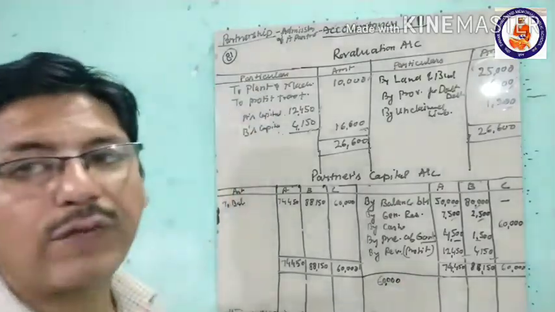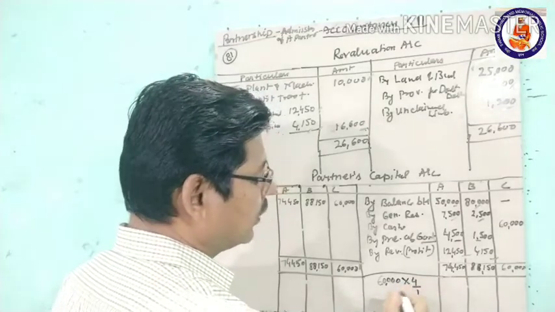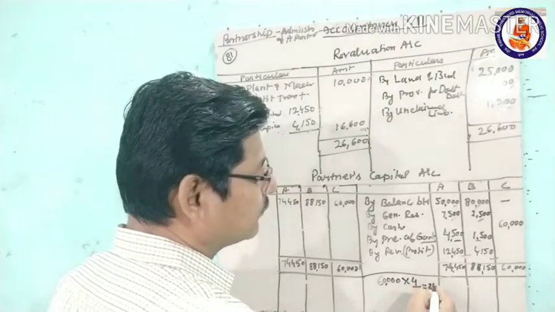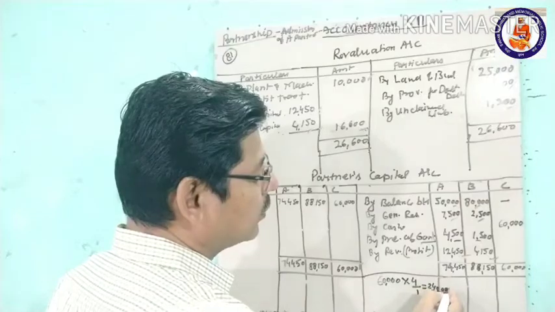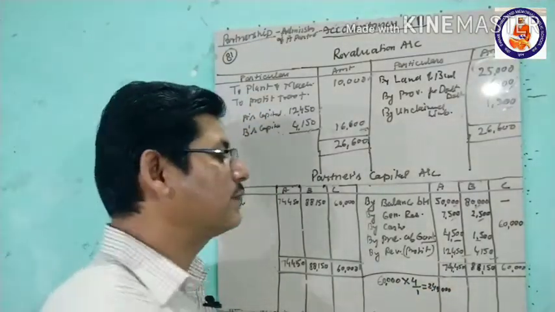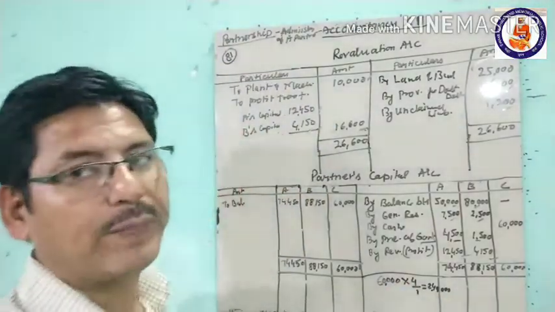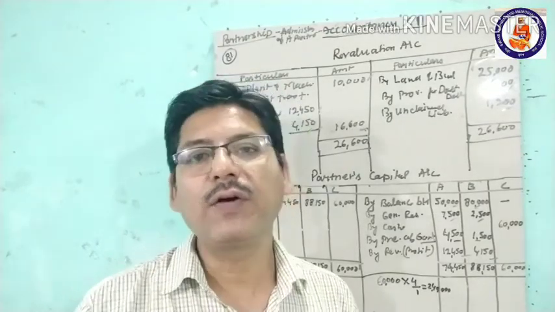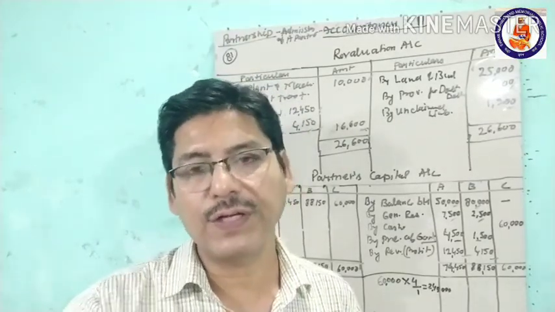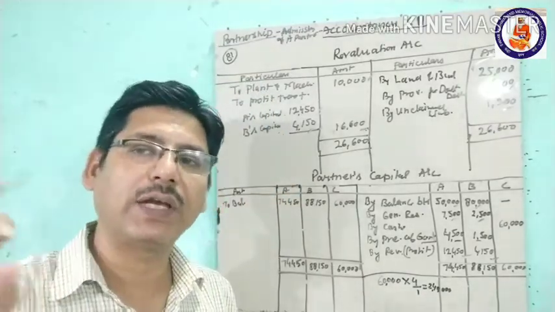So total, 4 times, means it is 2,40,000. This should be the total capital of the firm. After that, he himself is bringing 60,000. Now how much capital remains? If we deduct 60,000 out of 2,40,000, then remains 1,80,000.